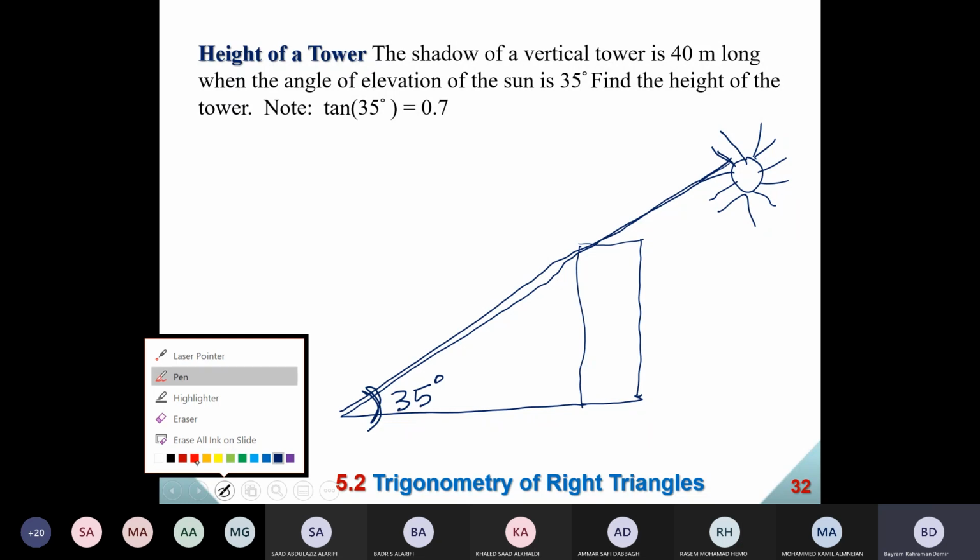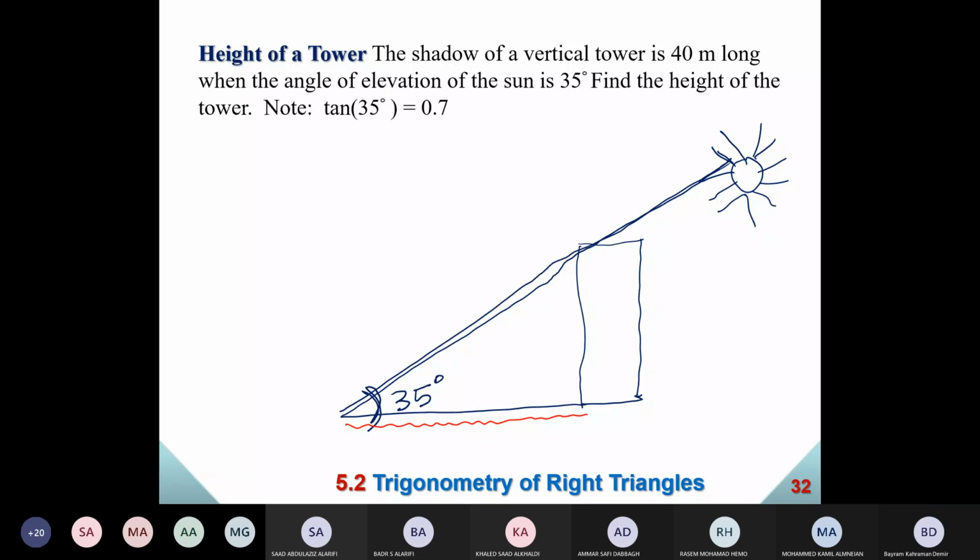This is the shadow, right? Shadow is 40 meter long. Halas, we have 40 meter here. And they ask, what is the height of the building? So now, do you understand when they talk about angle of elevation of the sun? Now you understand what's happening, Shabab?